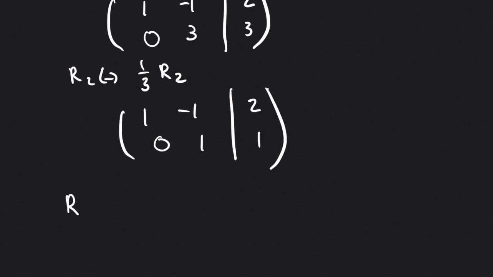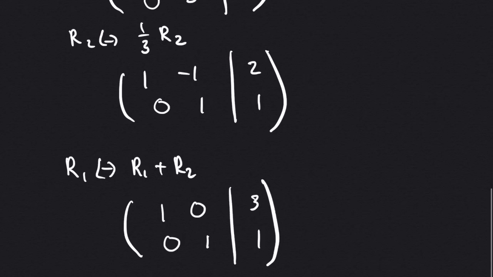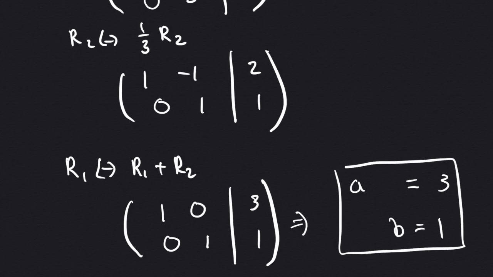So we can replace the first row by row 1 plus row 2. And this will give me 1, 0, 3, 0, 1, 1. And this means that a equals 3 and b equals 1.